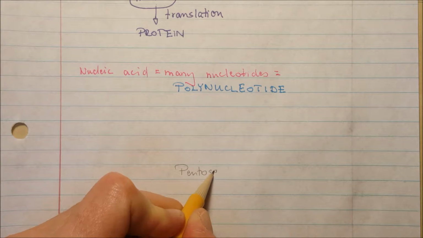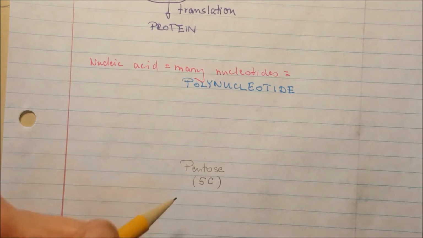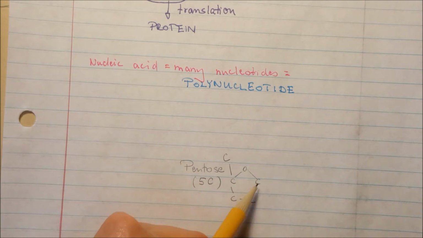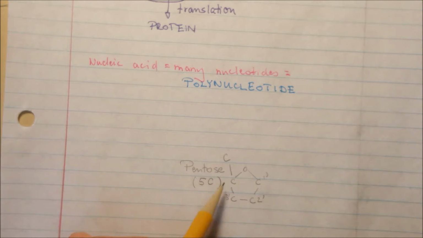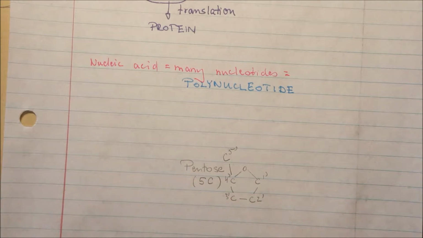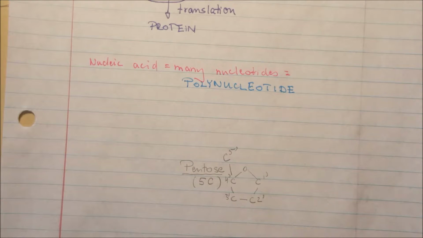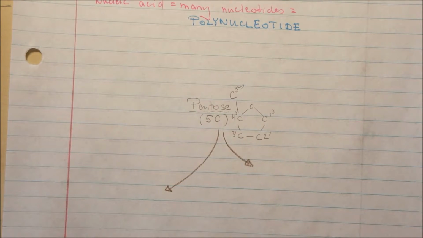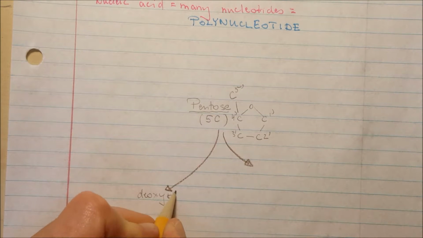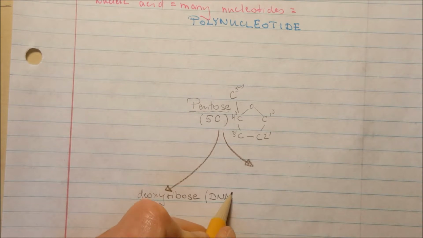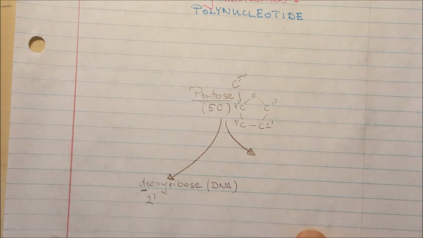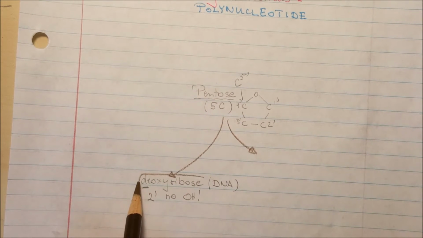The pentose is a 5-carbon sugar. We have to number the carbons in the sugar: first prime, second, third, fourth, and fifth prime. The sugar can be deoxyribose for the DNA, and in this case, on the second prime carbon, there's no hydroxyl group.